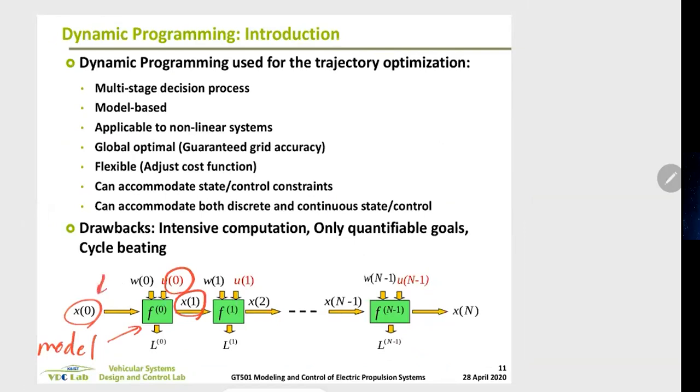So if this is initial, then this becomes final. So this is k, and this is k plus 1. And then we get the incremental cost, instantaneous cost, meaning that for given states and control, we know the next k plus 1 state, which is the state of charge, and then the fuel consumption, which is L, right?